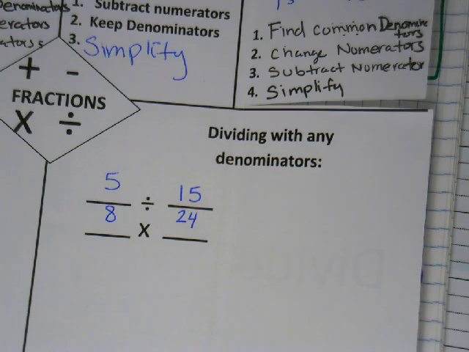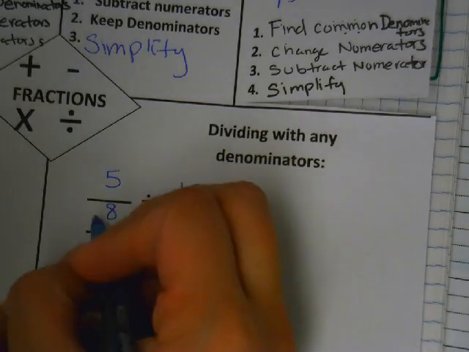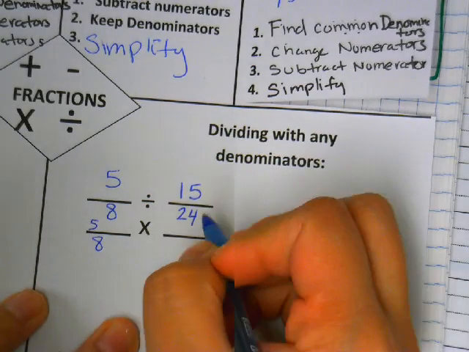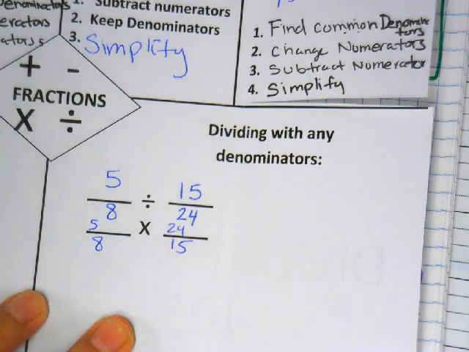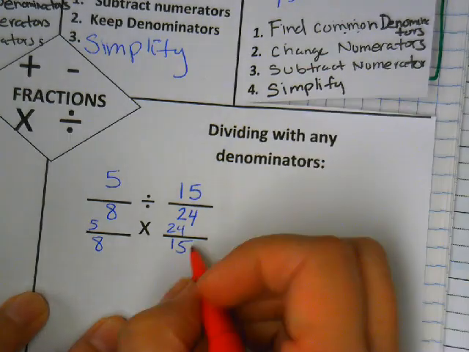So, multiply by the reciprocal. So it would be 5 over 8 times 24 over 15, which I chose on purpose.